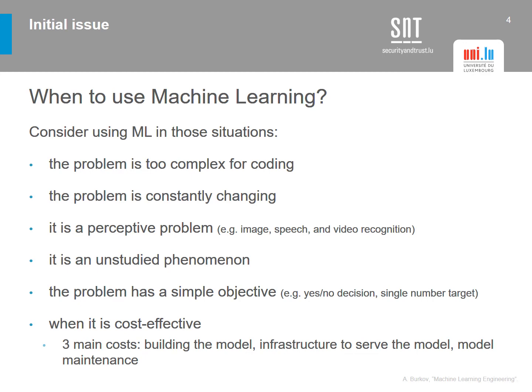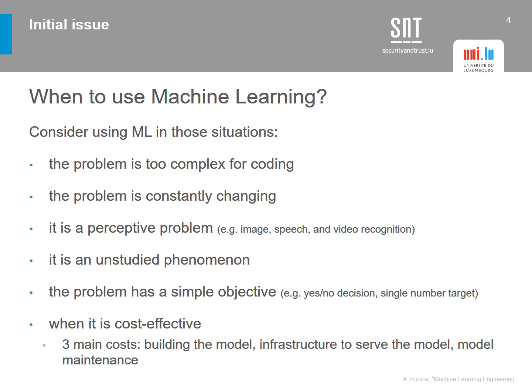Secondly, if the problem is constantly changing, machine learning can be good. If we have a task and the solution is always changing, then if we provide a manual solution, we may lose a lot of time coming up with new rules, adapting them manually to our software, changing our code, or refactoring or monitoring it to adapt to a problem that is also constantly changing.